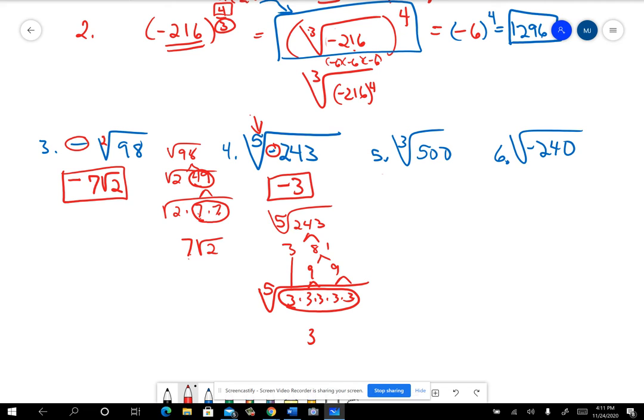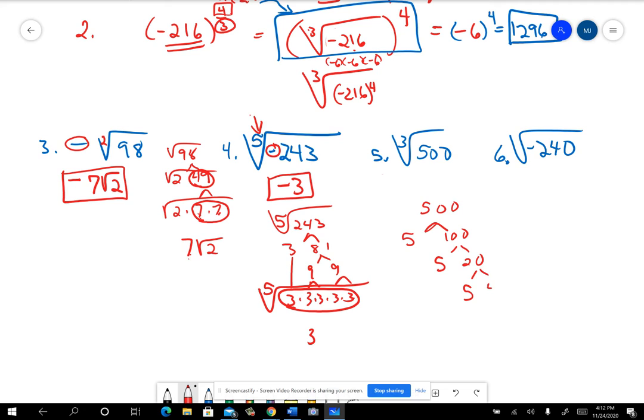All right. Now let's look at the cube root of 500. Again, we're not doing square root, we're doing cube root. So we're looking for things times themselves 3 times that would make that happen. Let me take the 500 and break it down. That'd be 5 times 100. It'd be 5 times 20.